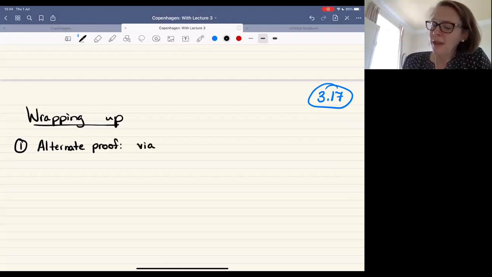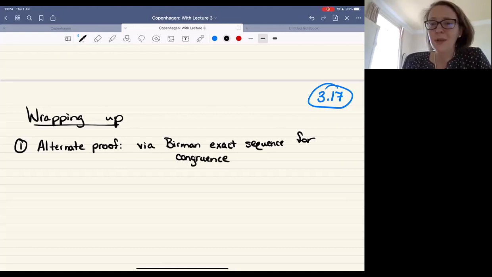And that uses a Bieri-Eckmann exact sequence for congruence groups. So the first thing we have to do in this alternate proof is write down, prove a Bieri-Eckmann exact sequence for level L congruence groups for a general mapping class group. That maybe is useful just to know that that's there in case anybody wants to think about that.